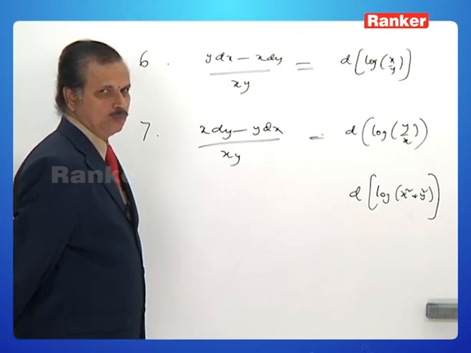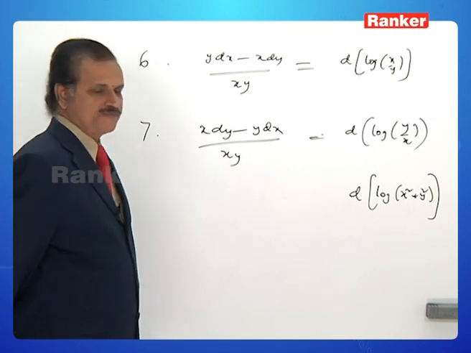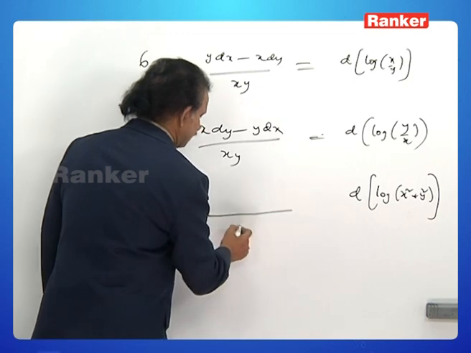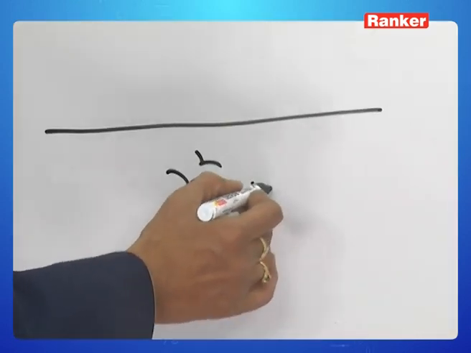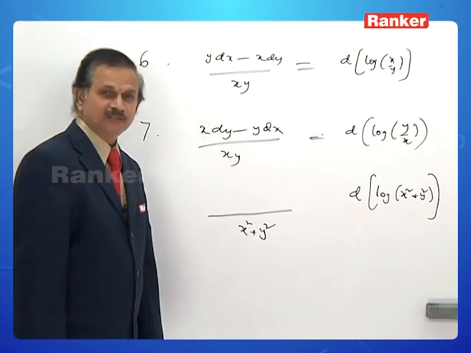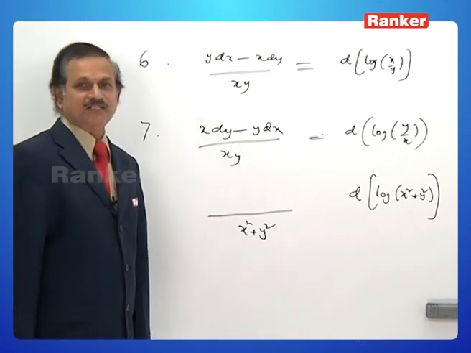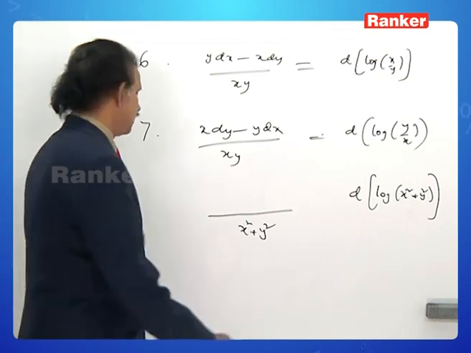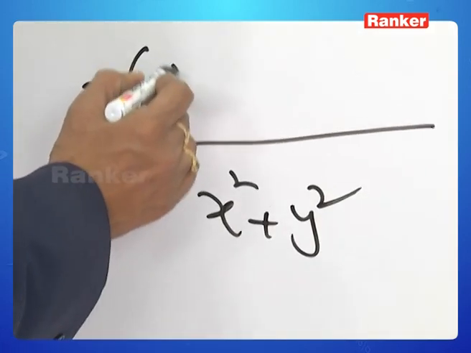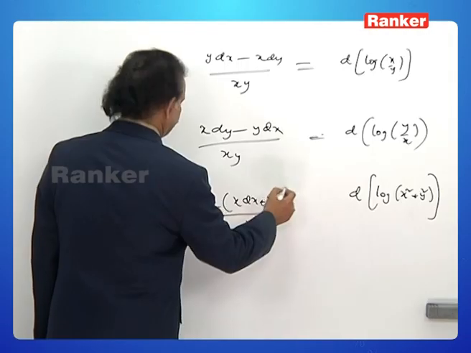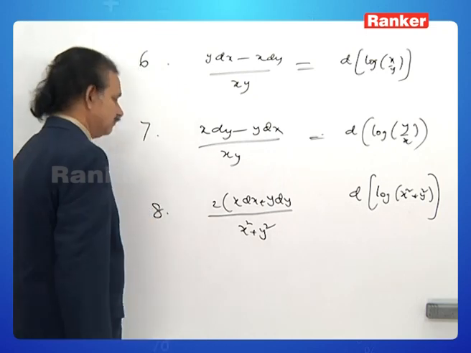Log of x square plus y square, by x square plus y square is compulsory. And in the numerator, for x square plus y square, it is 2x dx plus 2y dy, isn't it? So it is 2 into (x dx plus y dy). This is the 8th formula.